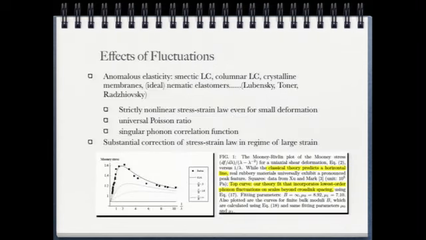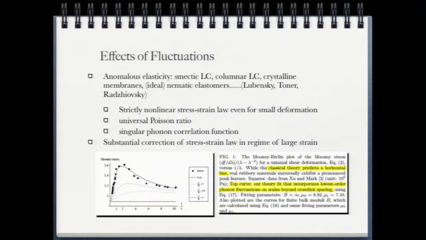So why bother with nonlinear elasticity? Let me give you two aspects of these systems. The first aspect is what we call anomalous elasticity. There is a class of systems, including smectic liquid crystals, columnar liquid crystals, crystal membranes in three-dimensional space, ideal nematic elastomers, and some other systems. They show very bizarre properties at finite temperature.